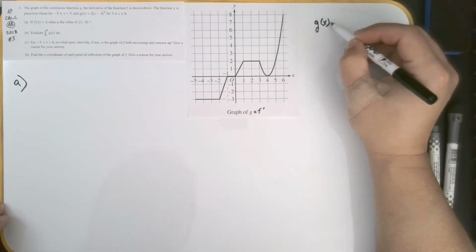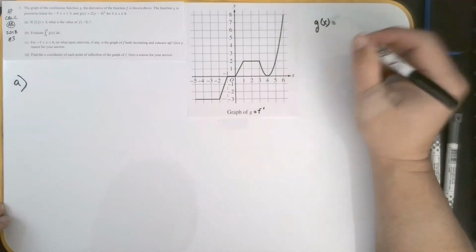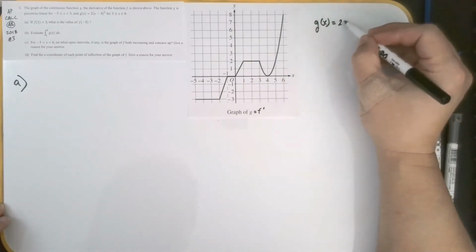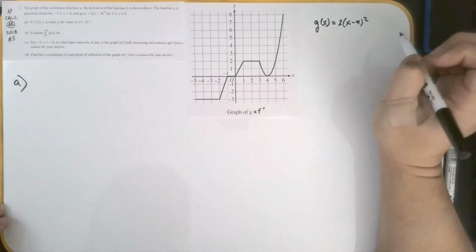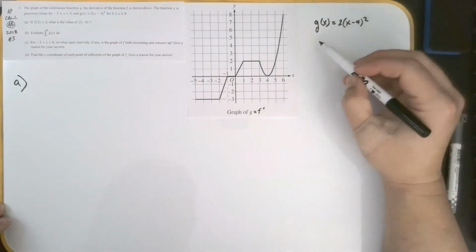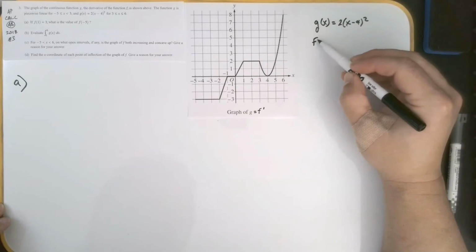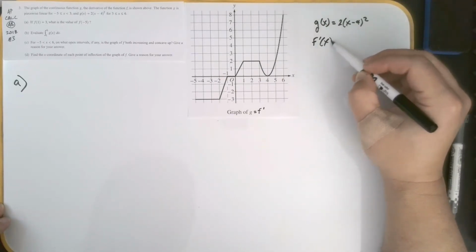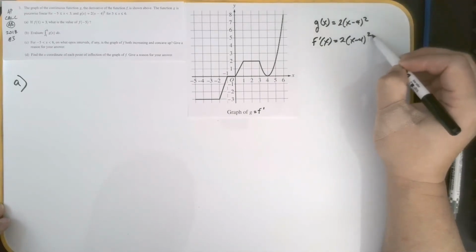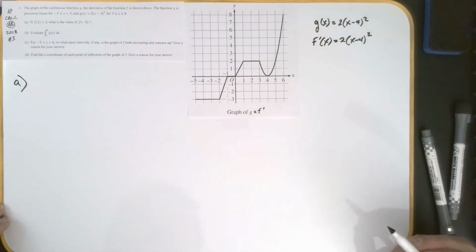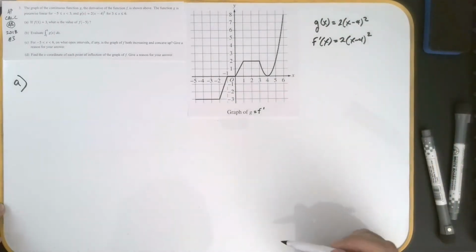So in the question it says g of x, this is from 3 to 6, is equal to 2 times x minus 4 squared. But what I want you to be thinking is, really, what they could have said if they wanted to, is they could have said f prime of x was equal to 2 times the quantity x minus 4, the quantity squared. Those two things are interchangeable.